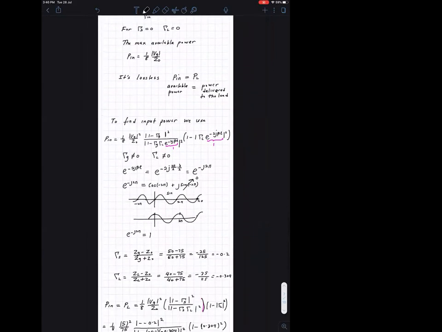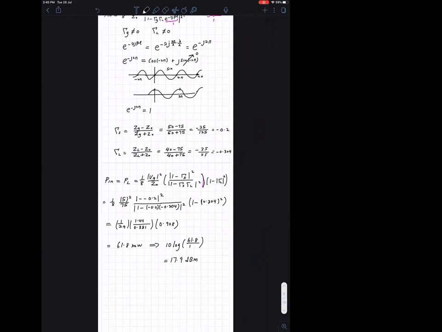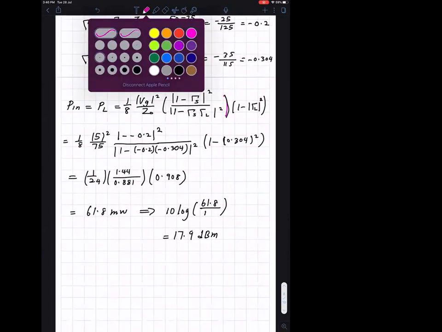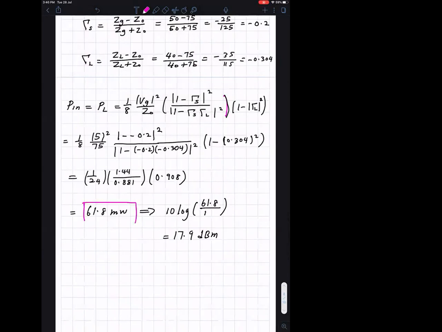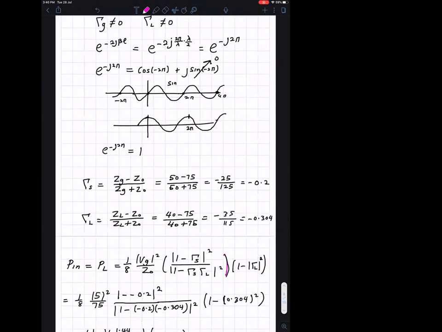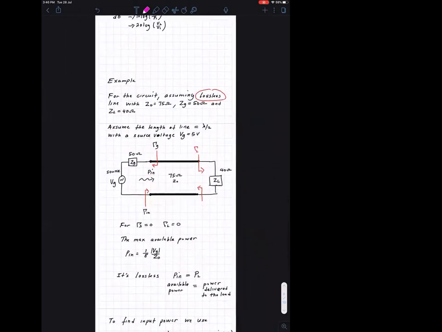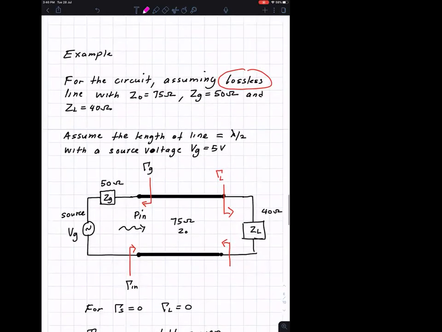But what is important is the procedure. The procedure is quite simple. The first thing to note is lossless. If it's lossless, then P in becomes P load.